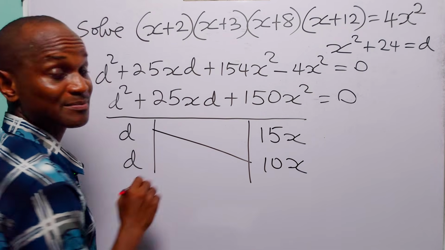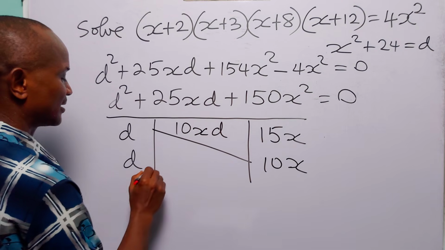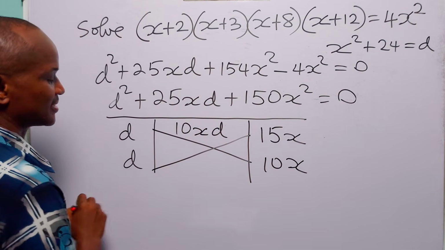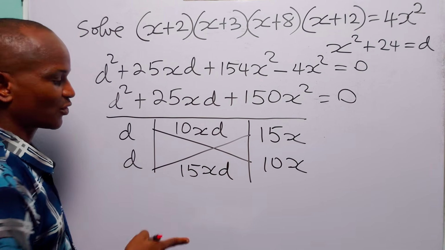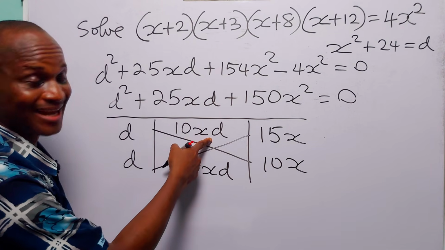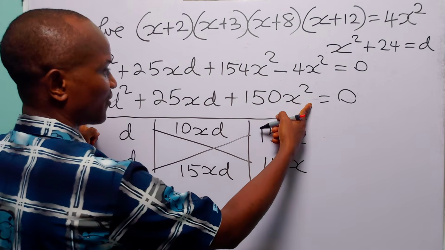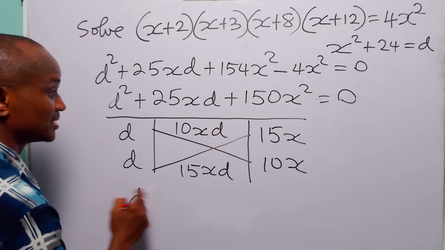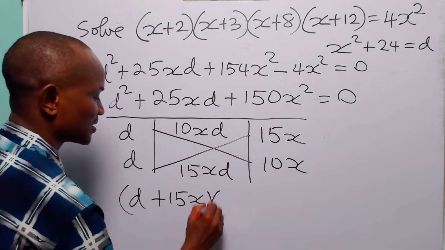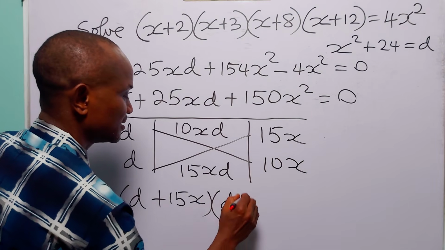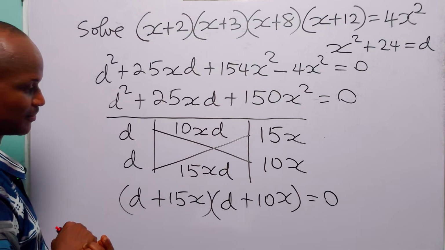Now, d times 10x is going to give us 10xd, and d times 15x is going to give us 15xd. And of course, 15xd plus 10xd is going to give us 25xd. So when we factorize this, we have (d + 15x)(d + 10x) is equal to 0.